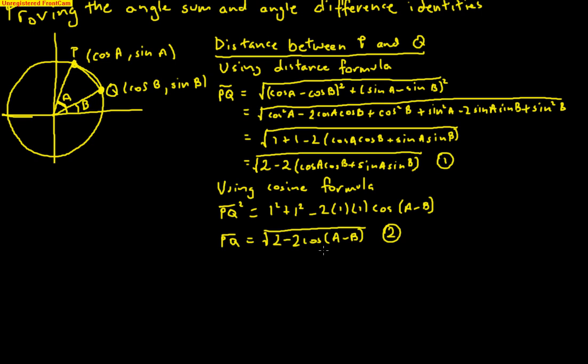Take the square root and simplify, and we've got something that looks very similar to what we had before, which I've labeled 1 over here. If we compare 1 and 2, we can see that this part back here is the only difference between the two.